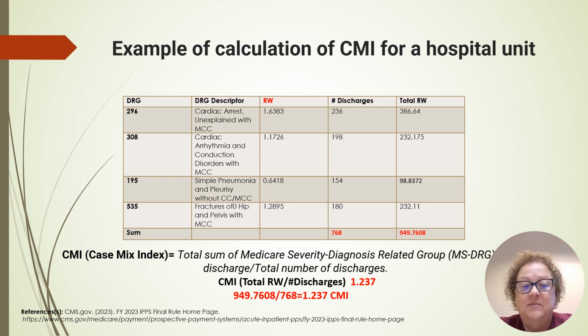So the case mix index is the total of the relative weights, 949.7608, divided by the number of discharges, 768, gives me a case mix index of 1.237, which is again an indicator of how sick this group of patients are.